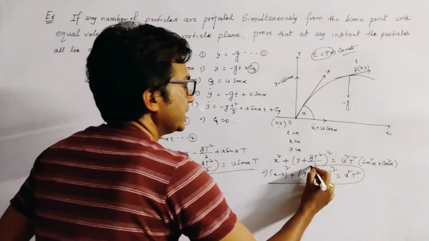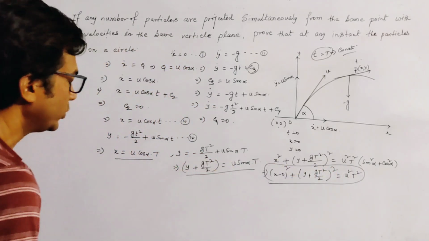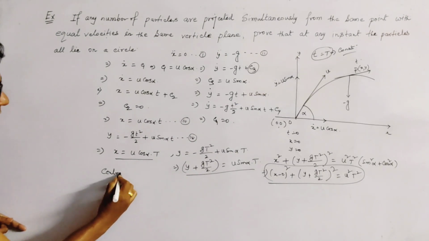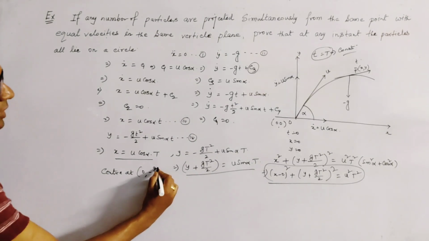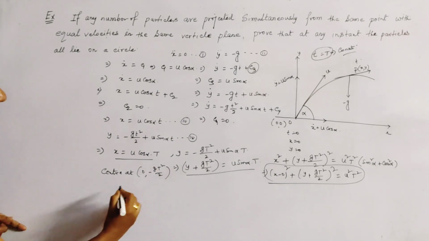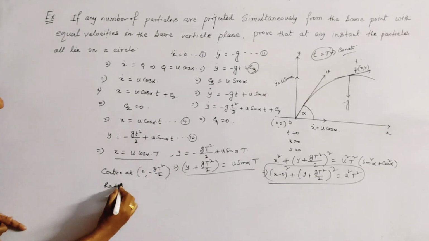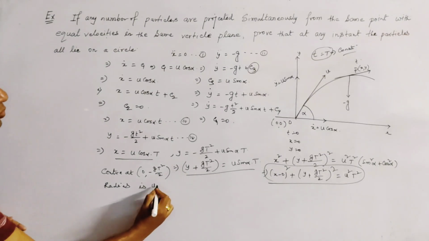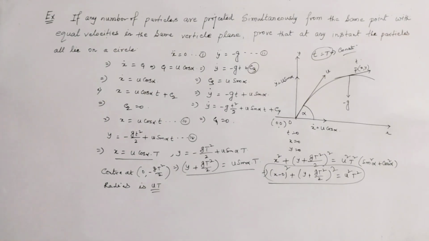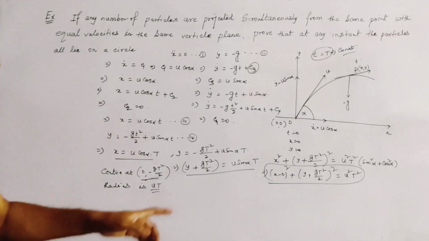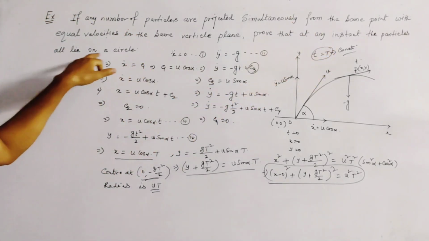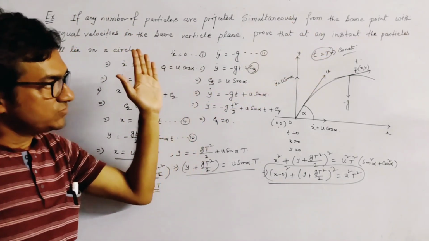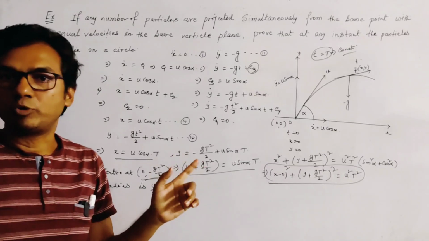Obviously, this is a circle with center at 0, minus g T square by 2, and radius u into T. This is the radius of the circle and this is the center of the circle. And we say that all the particles at any instant T lie on a circle. Okay, this is a very important and easy problem of projectile.